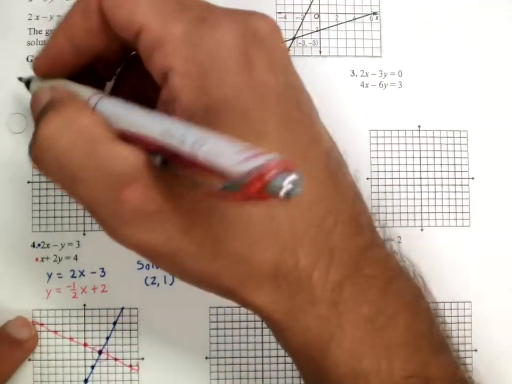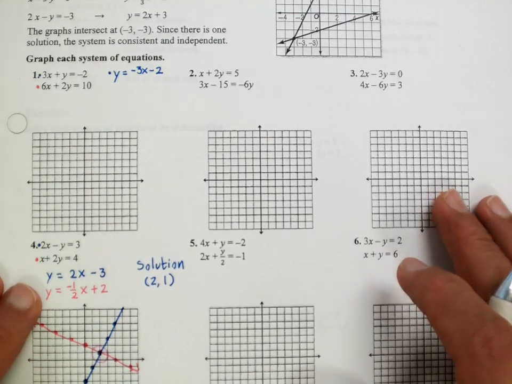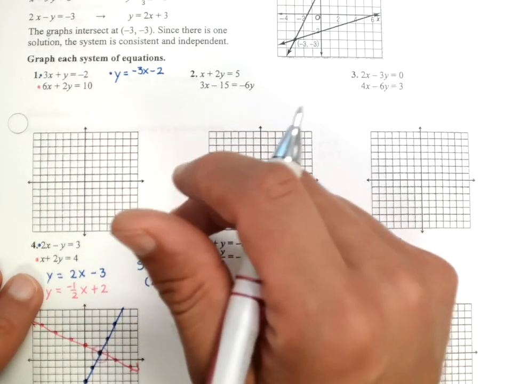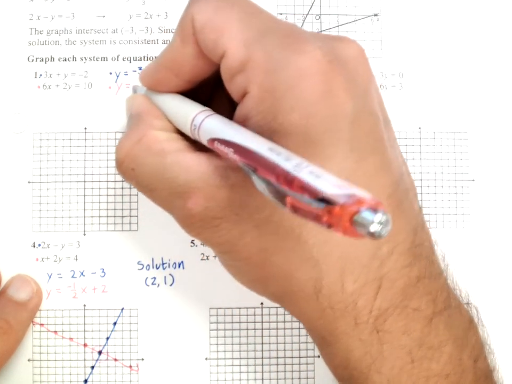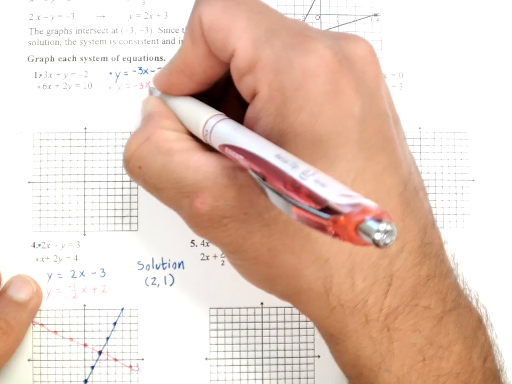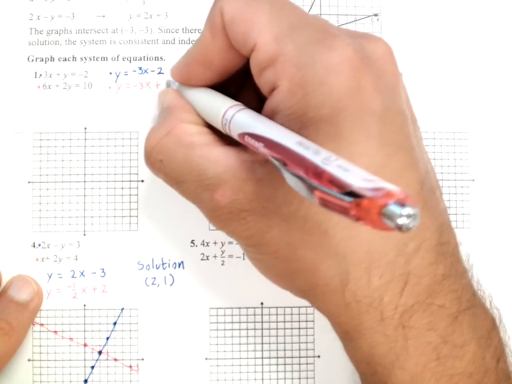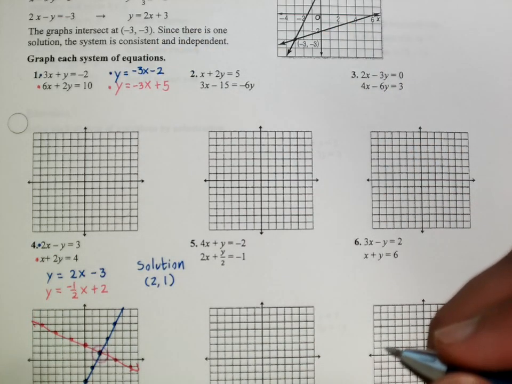On this one, we subtract 6x from both sides and then divide both sides by 2, so we get y = -3x + 5.